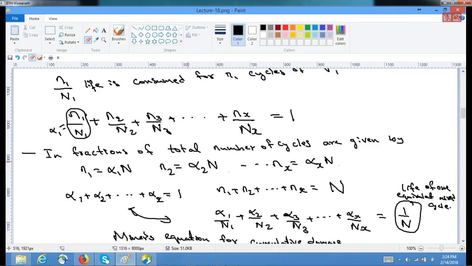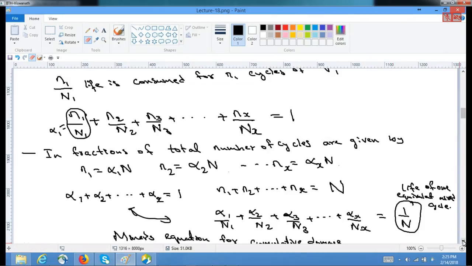So we have this relationship where n1 is alpha 1 fraction times N, and n2 is alpha 2 fraction of N, and so on. When you take this equation and substitute it in this, this equation is the same as this one. When you substitute these into that, you automatically get this. So this is nothing but, for a mixed cycle of loading, the life consumed per one such mixed cycle.